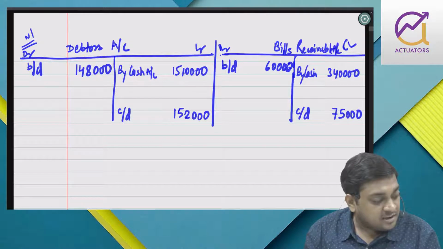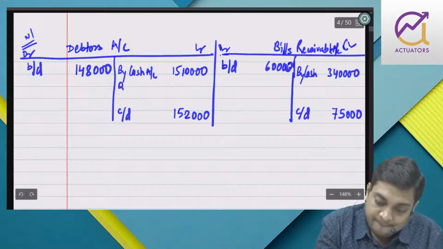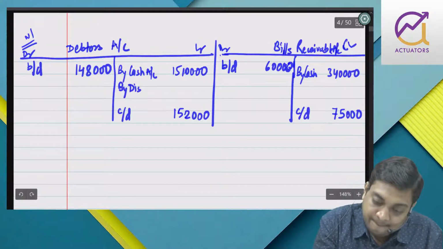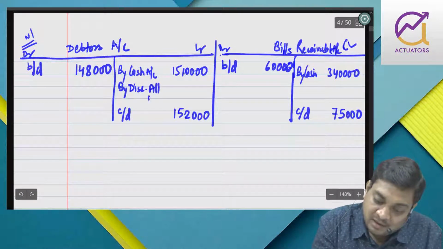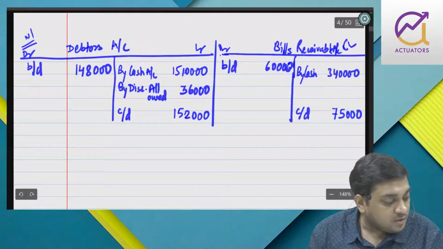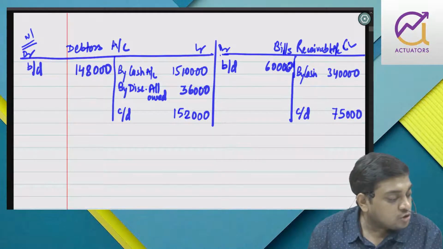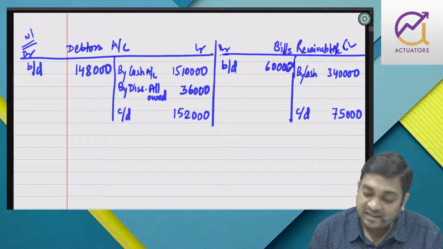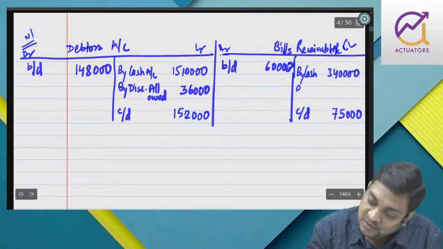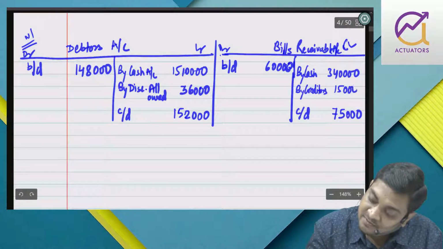And then sundry expense, drawings, and then discount allowed is 36,000. By discount allowed is 36,000. Discount received has no role to play. Bill endorsed amounted to 15,000. So the bill has been given to creditors. So by creditor 15,000.